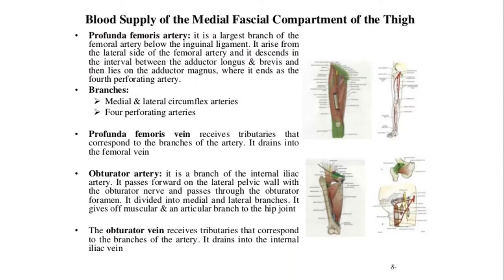Now we will discuss the neurovascular bundle in the medial compartment. First we will discuss the vascular bundle. When we were discussing the femoral artery in the femoral triangle, we know that the femoral artery is a continuation of the external iliac artery coming from the abdomen, when the common iliac artery divides into external and internal iliac artery.